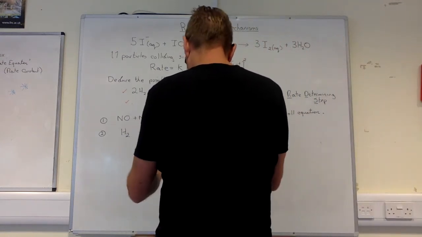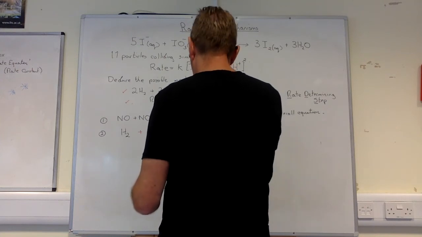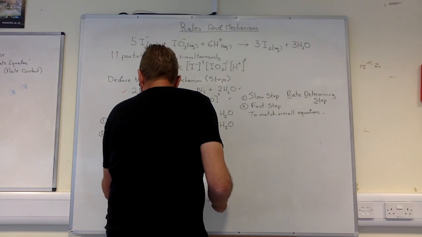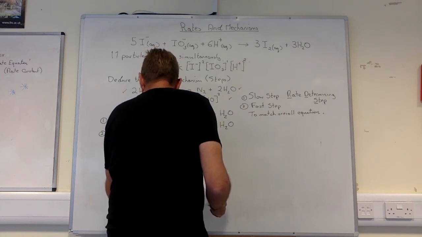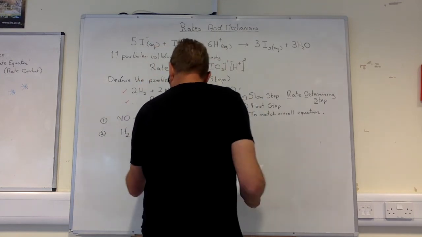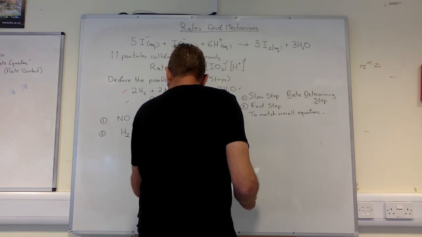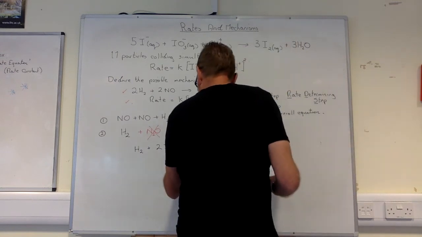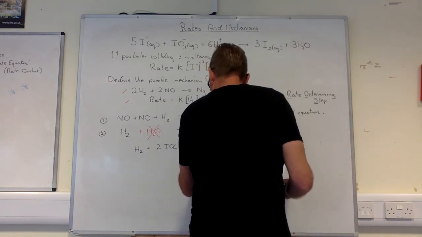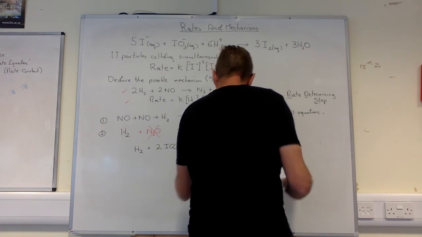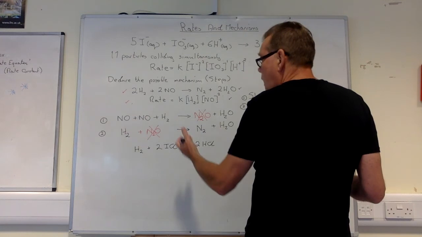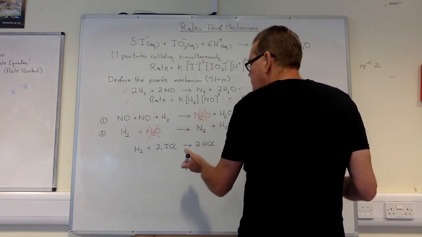How about this one? Try and do these yourself. An overall equation like this, right? So number 2, hydrogen plus some weird stuff, iodine chloride, not interested, okay, makes 2 hydrochloric acids. There's no right or wrong answer as long as it matches the criteria.